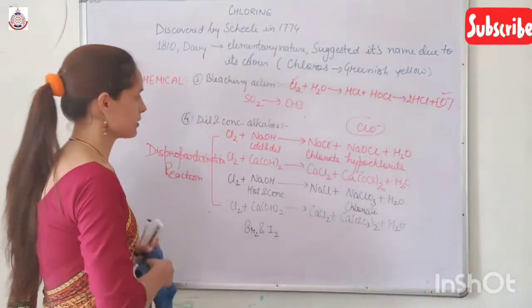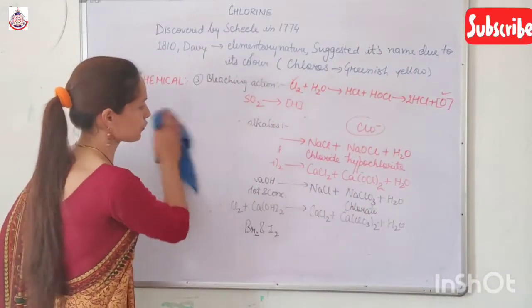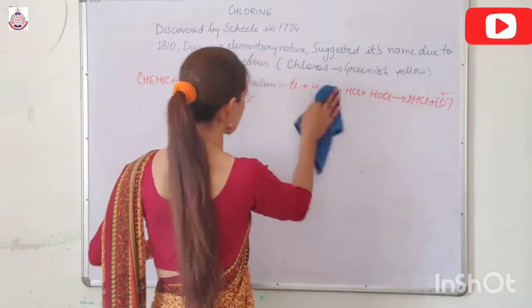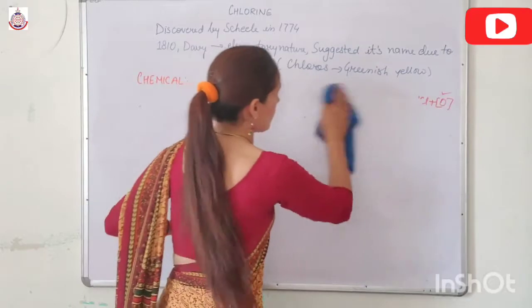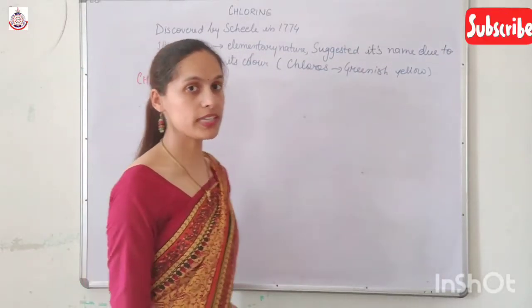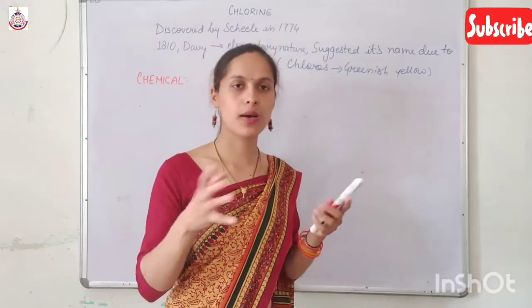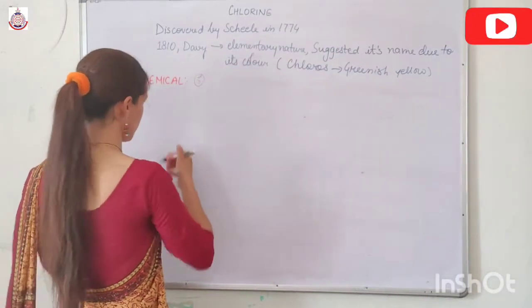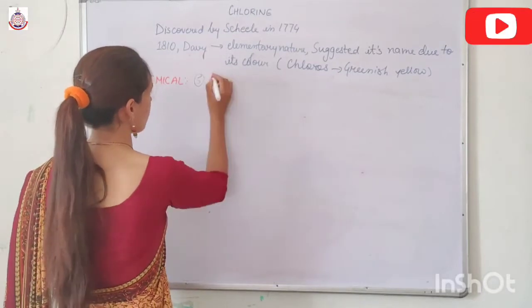Now next is the reaction of chlorine with ammonia. In this case also we get different products when we take different amounts of ammonia and chlorine. So another property, the fifth property, is reaction with ammonia.